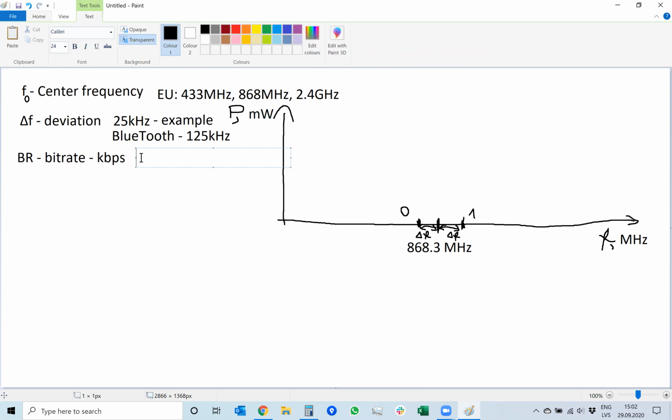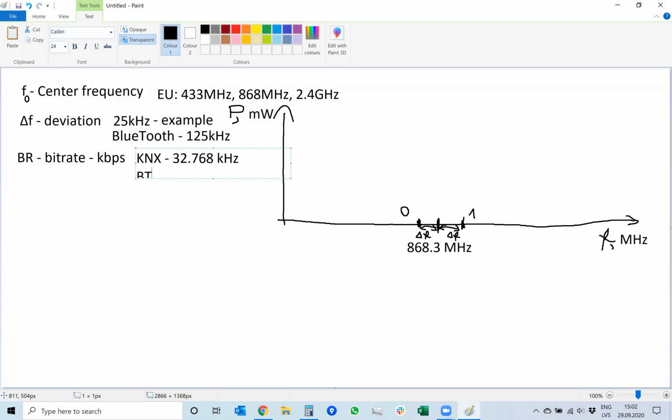In wireless networks that are used today in, for example, smart home or smart agriculture, the bitrate is low to achieve higher range. So bitrate is, for example, for KNX protocol, 32.768 kilobits per second.